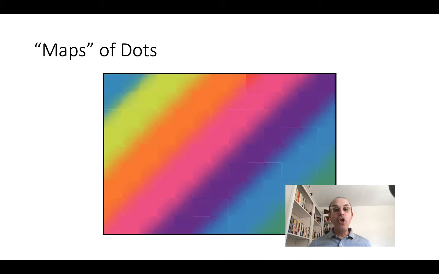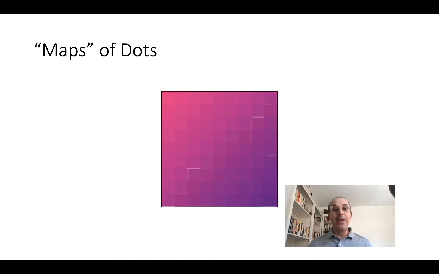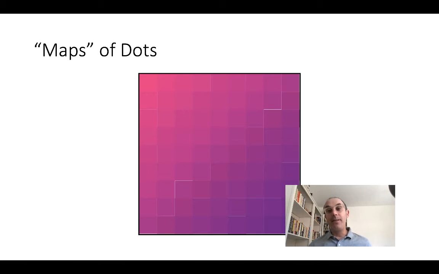So this is what we will see when we look inside the map of dots. If you look closely, and you'll be able to zoom in with the PowerPoint, you'll see lines that represent the dots inside.